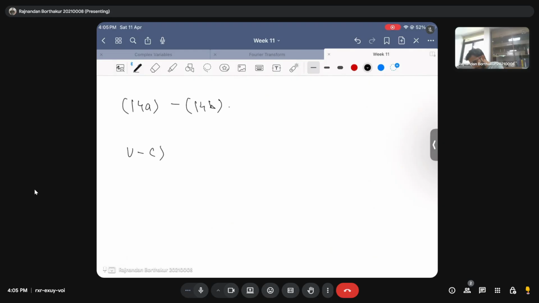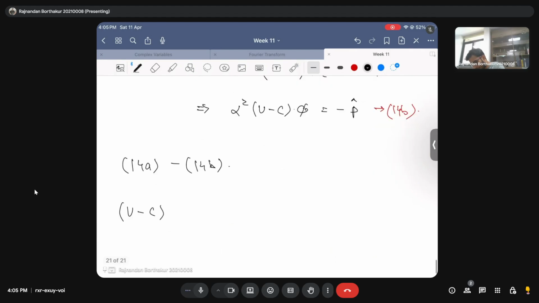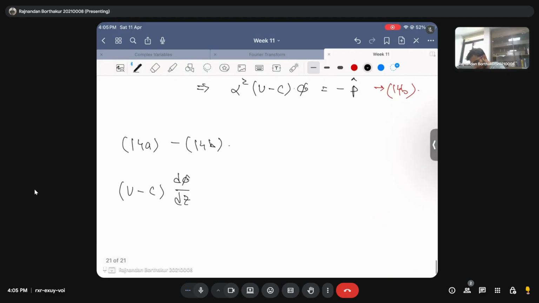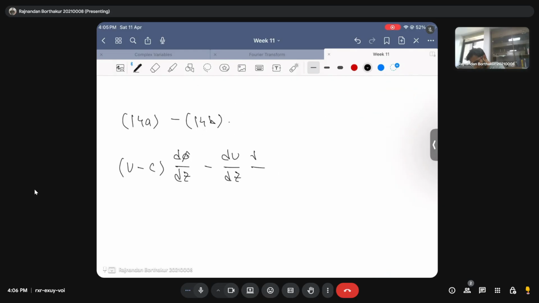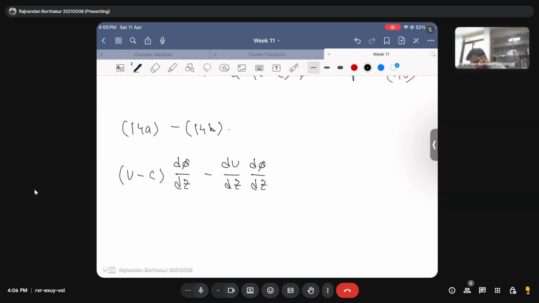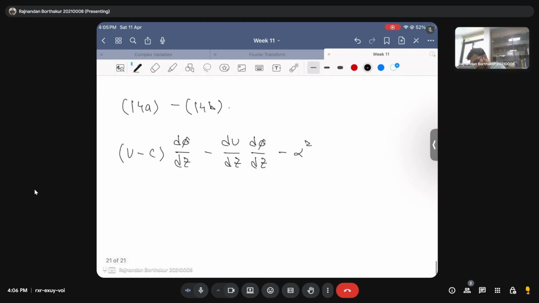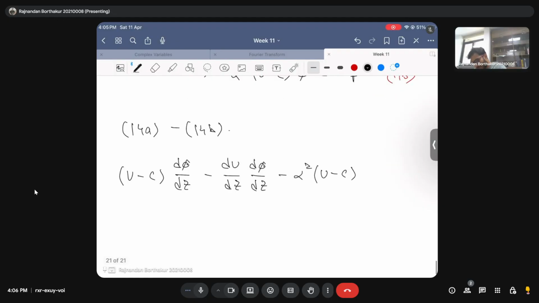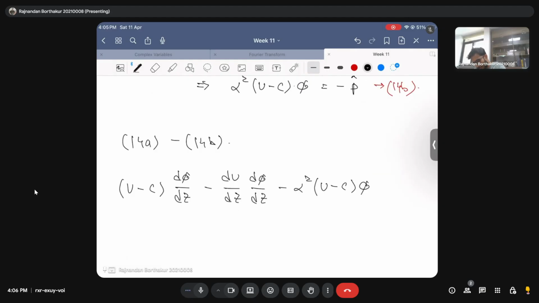So we get (U minus c) times d phi by dz, minus dU by dz times d phi by dz, and then I have minus alpha squared (U minus c) times phi is equal to 0, because the p hats will basically cancel, which means, I think I made some mistake.